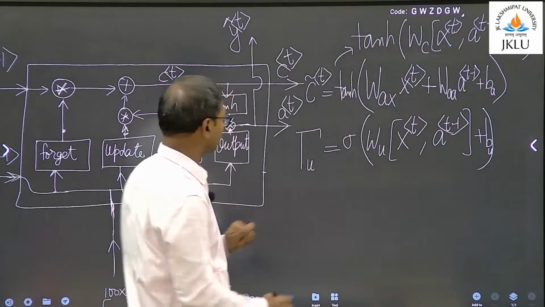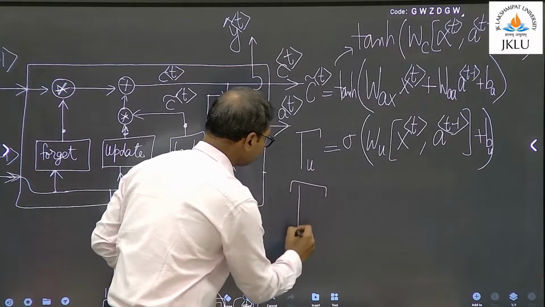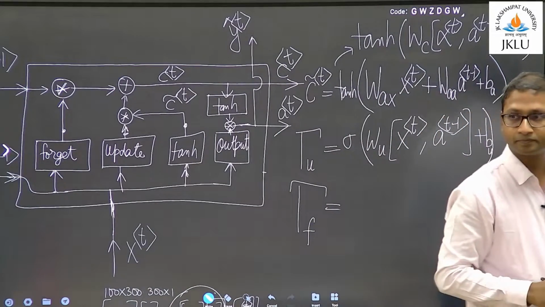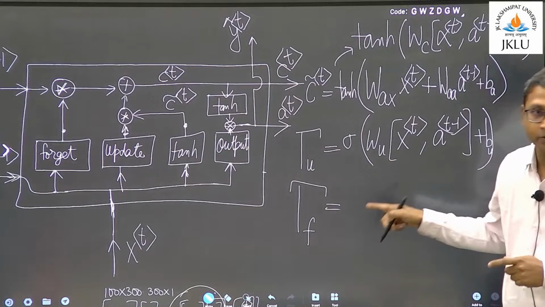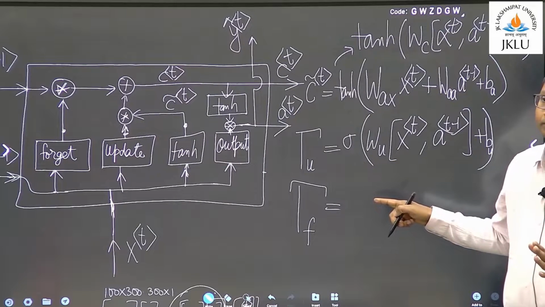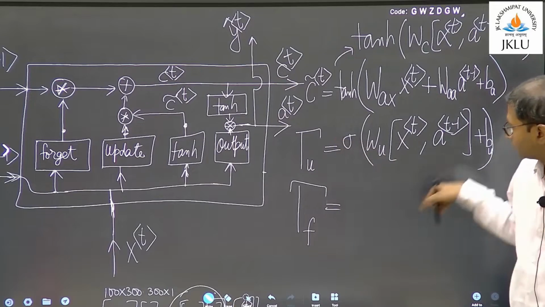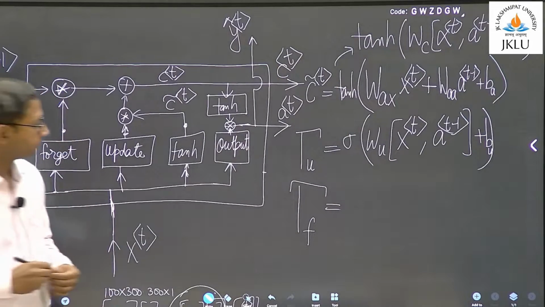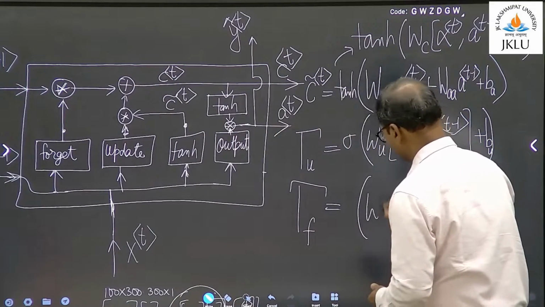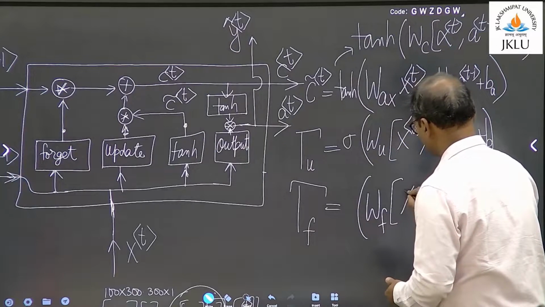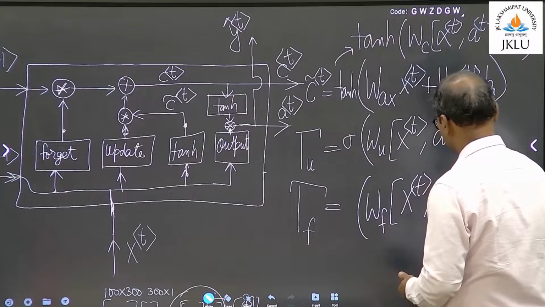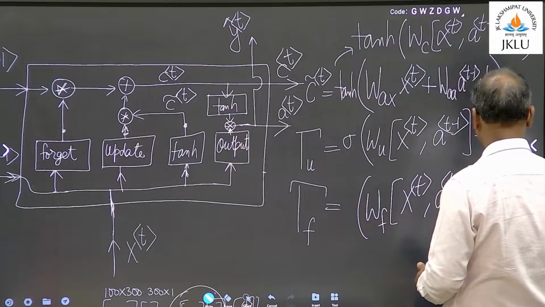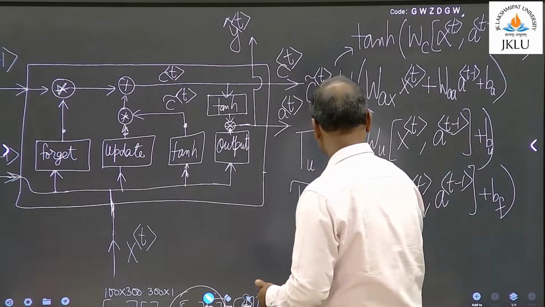Now, what is this guy? You should be able to give me this now. See here, you should be able to give me this now. So this is WF XT AT minus 1 plus BF and then sigma.